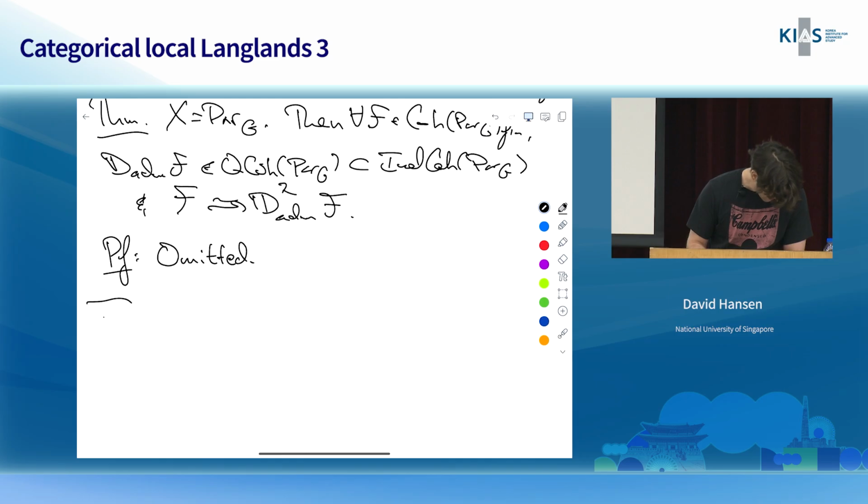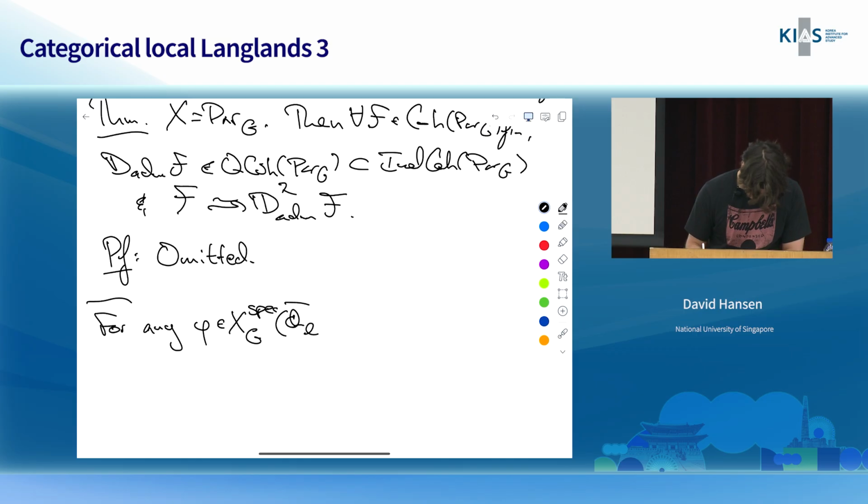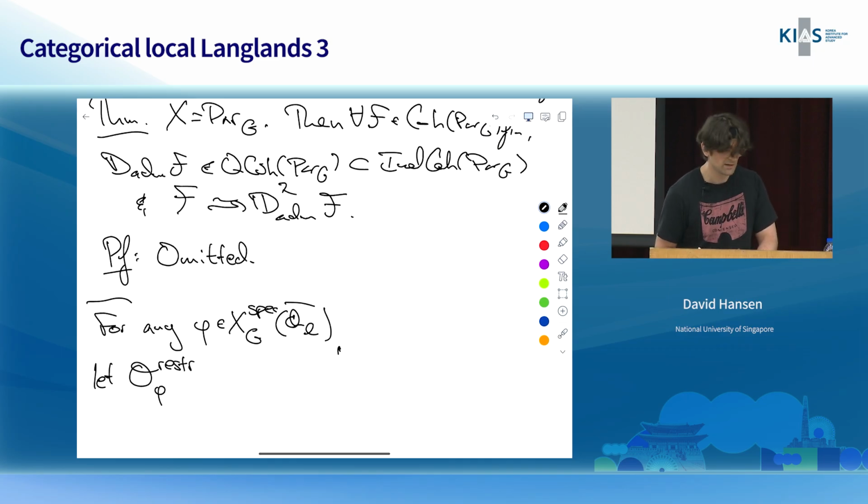So I'm going to make a few definitions here, actually. So for any closed point in this coarse moduli, so you should think that I'm using this letter for a reason. So this is really a semi-simple L parameter. That's exactly what points of this thing are. I'm going to write O phi restr, R-E-S-T-R, so that stands for restricted, okay?